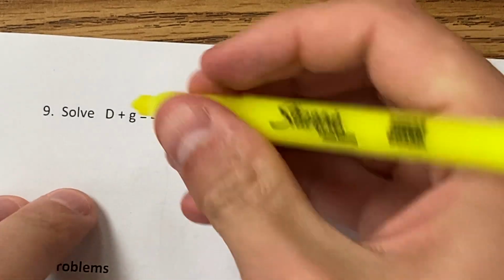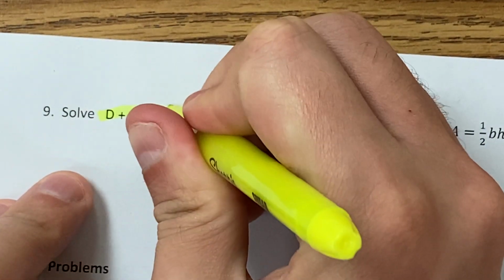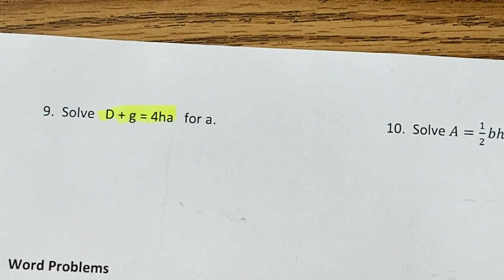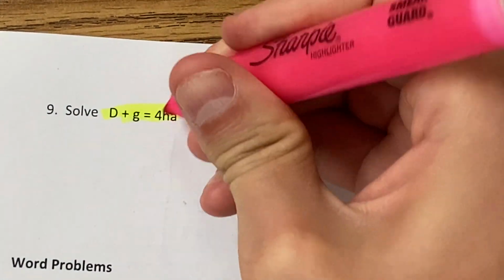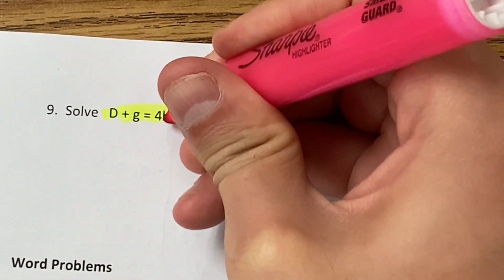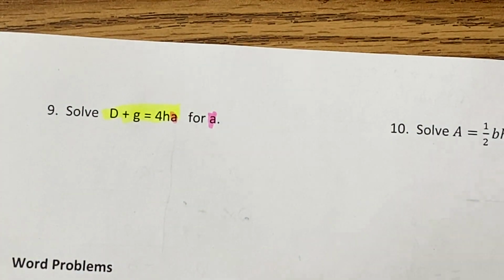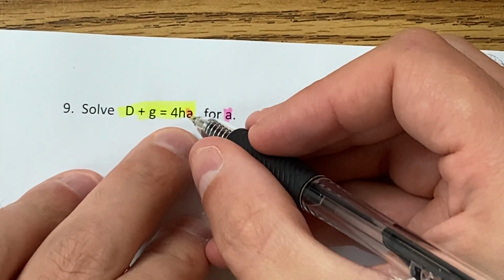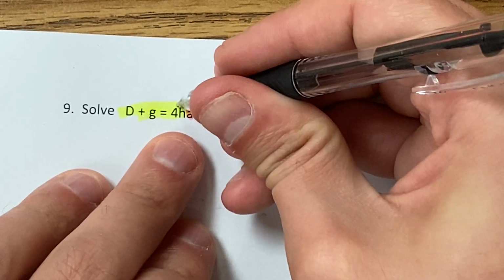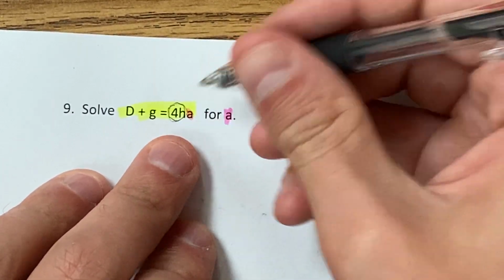It says solve this equation specifically for a. So right now, a is not by itself. Right now, a is attached to this 4 and this h, both of them.